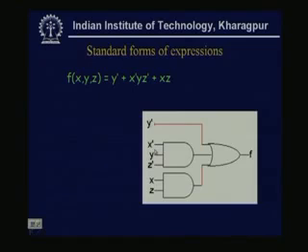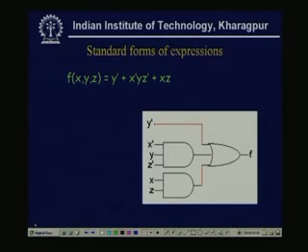Now, another example of standard forms of expression. This is a 3 variable function x, y, z, and the function is y dash plus x dash y z dash plus x z. See, if I think that in the 0th level y dash is there, then x dash, y, z and x z.